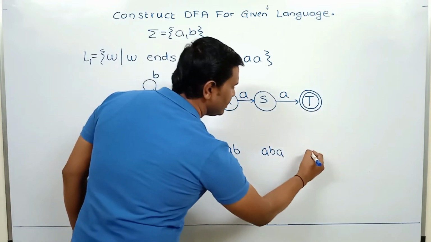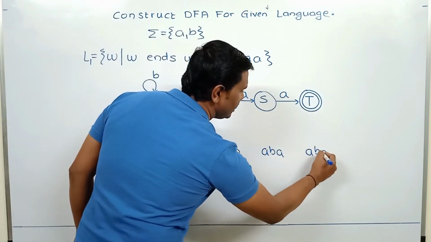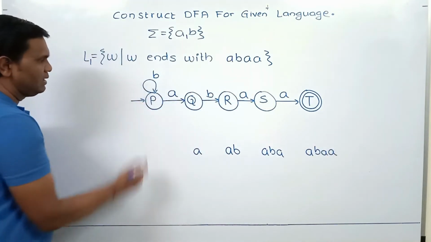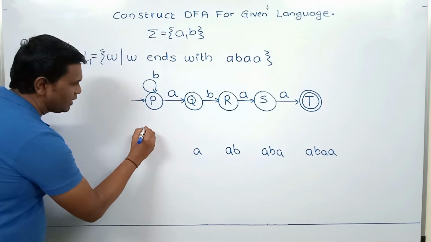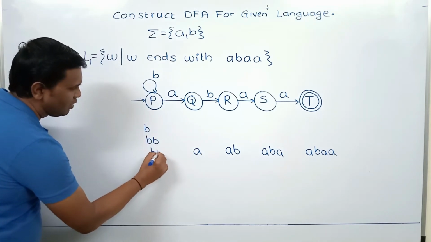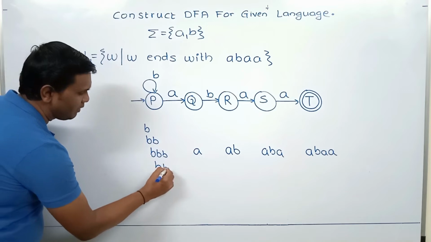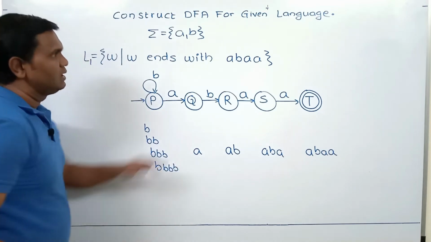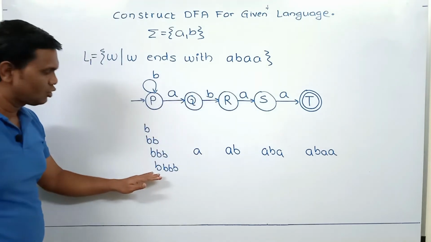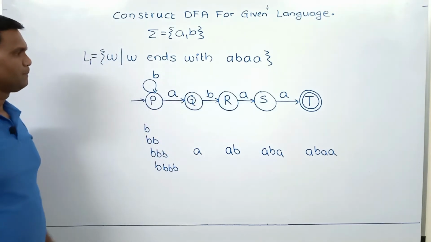For state T, the last four symbols are ABAA. For P, the last symbol can be B, the last two can be BB, or B power 3 or B power 4. Here the length of ABAA is 4, so we stop at B power 4.